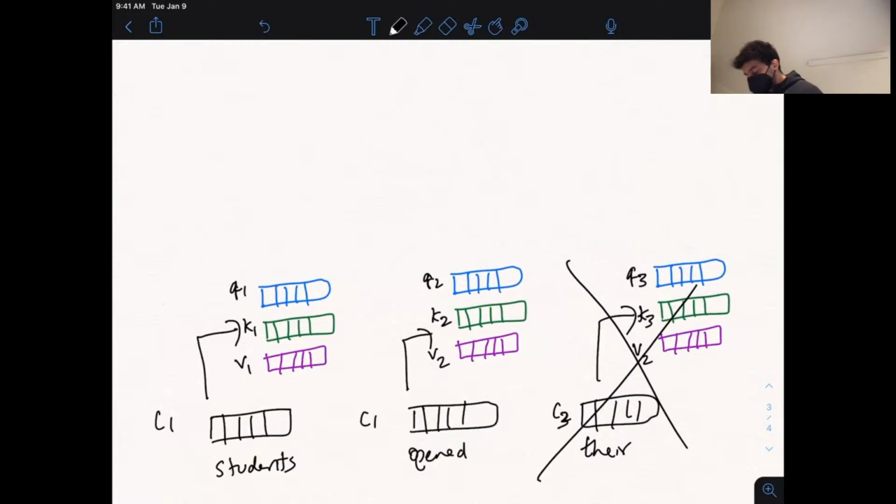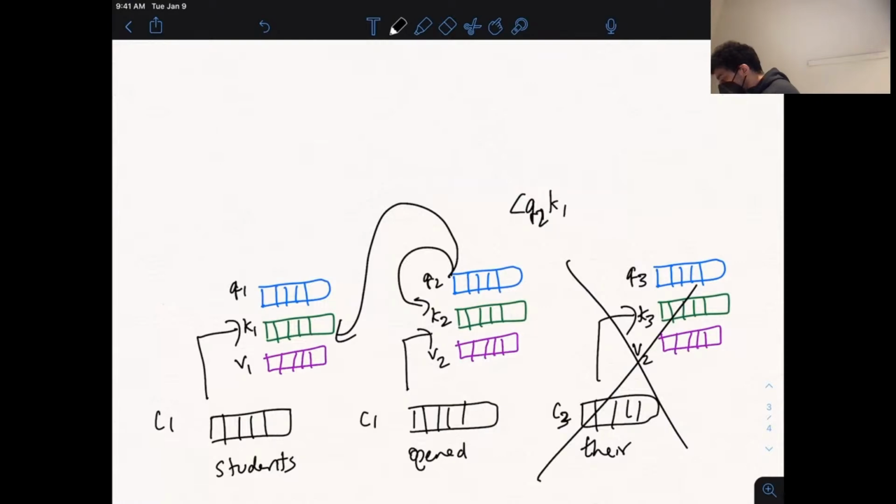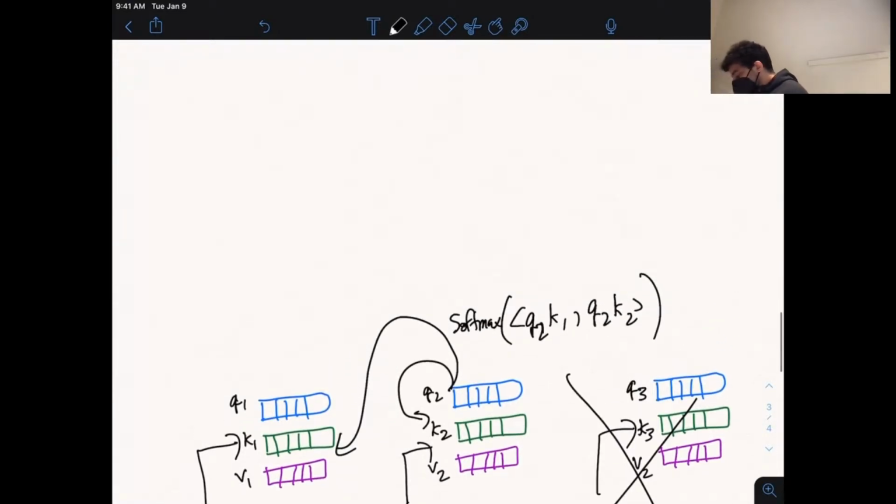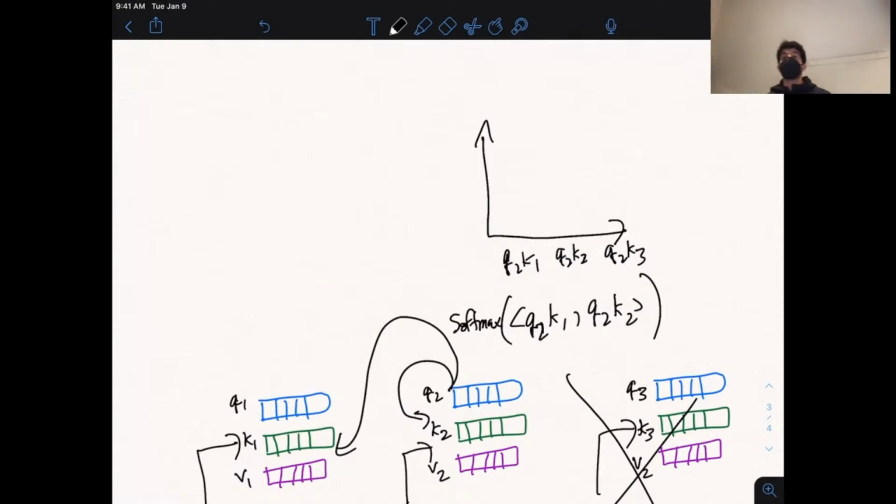So I'm going to compute the dot product between Q2 and K2 and Q2 and K1. So now I form this vector Q2, K1, Q2, K2. I take the softmax of this, and if I plot this out, now I have Q2, K1, Q2, K2, and Q2, K3. So Q2, K3 has to be 0. I can't look at that.